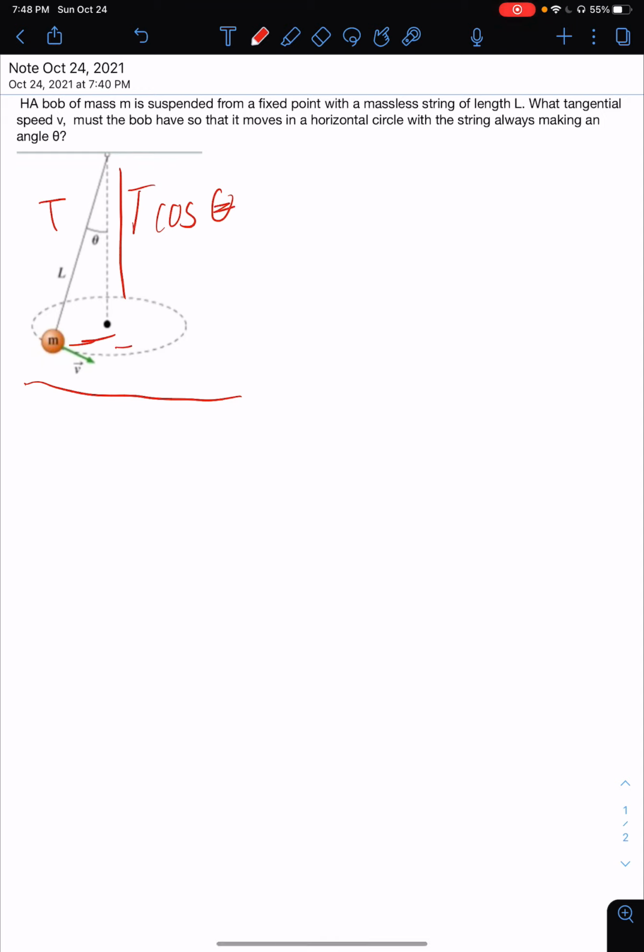And similarly, this is going to be T sine theta. Now, you need to realize that this is also the radius, all right? And that's going to be important. And L sine theta is equal to the radius, all right?